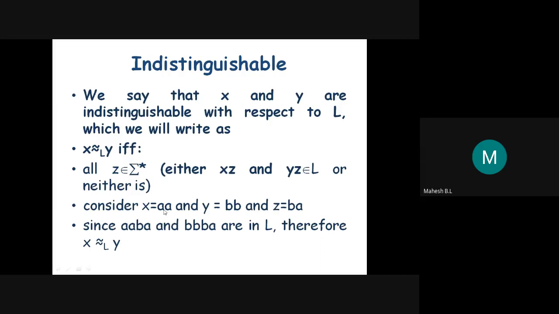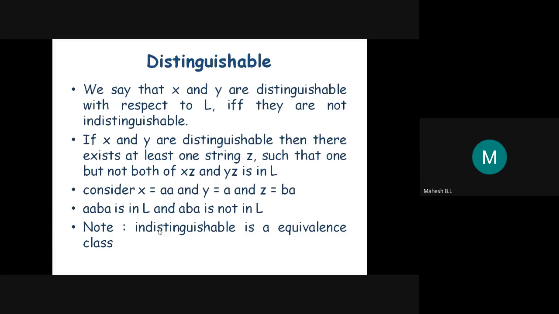Then xz is AABA, yz is BBBA. So both are in L, therefore x is indistinguishable from y. So we consider two strings x and y, and one more string z belonging to sigma star. Then x and y are said to be indistinguishable if xz and yz both are in L or both are not in L.